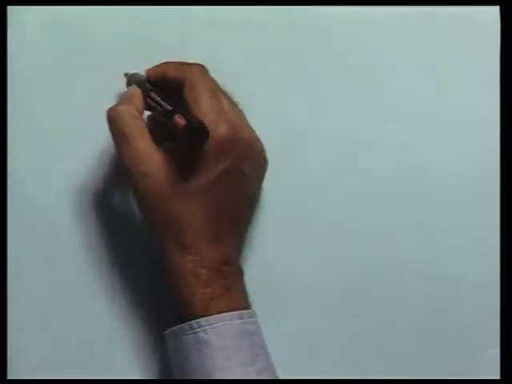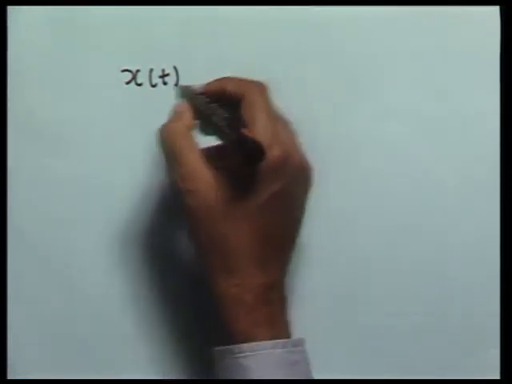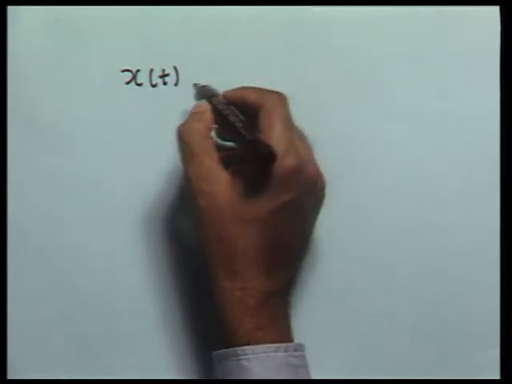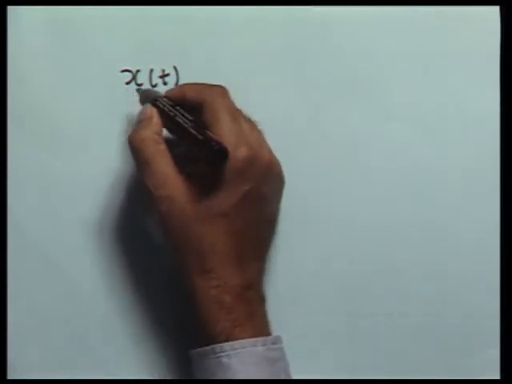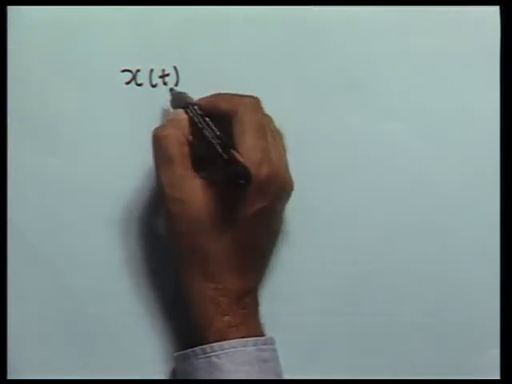See, suppose I have a particle moving on a straight line and its distance is given from some fixed coordinate system. Its distance at instant of time t is given by the expression x(t).